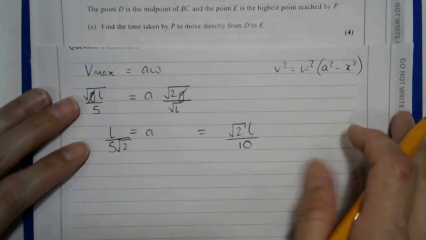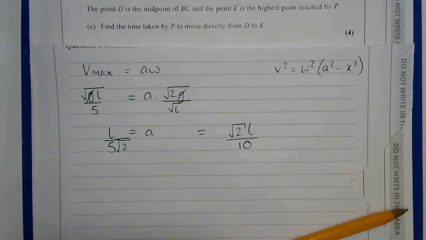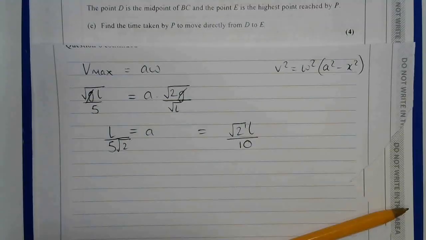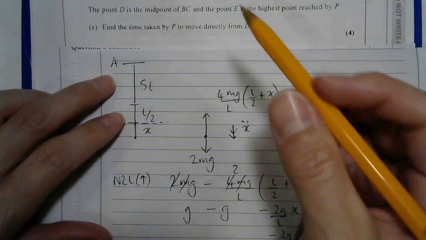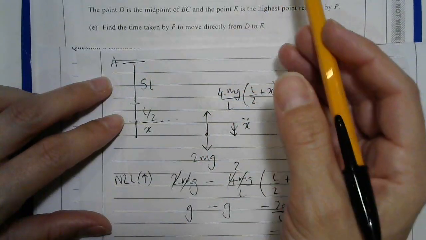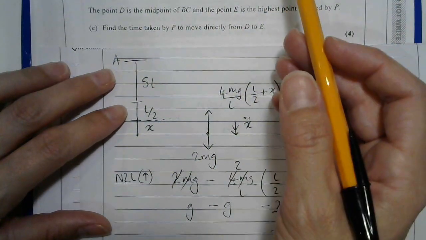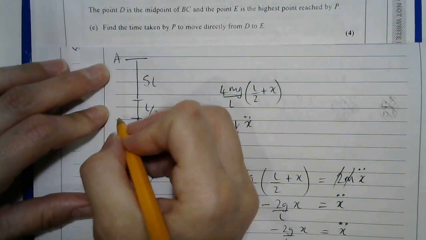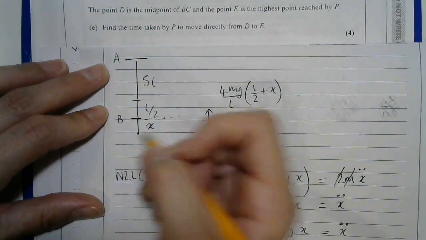So here, first of all, let's get clear about where each of these positions are. So point A was here. Point B was where the center of the simple harmonic motion was. So point B was here.